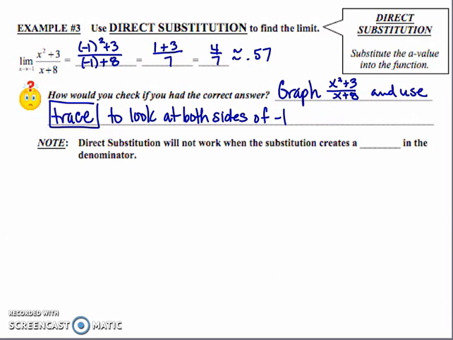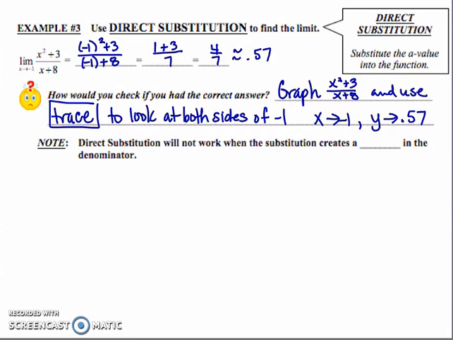Okay. So again, when you trace the graph as the value of x approaches -1, the value of y approaches 0.57.